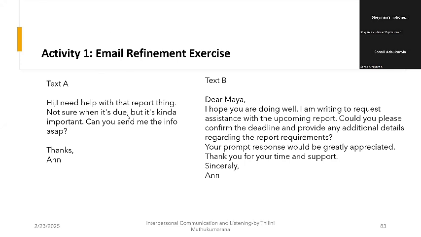Okay, so what did you notice in text A? What can you tell about this? Yes, Senali.